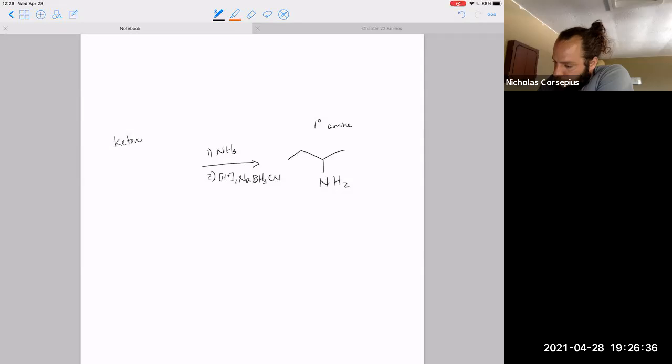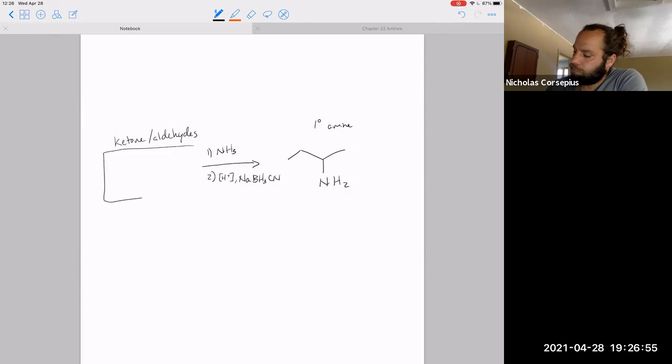Right, reductive amination, we start with ketones or aldehydes. What ketone or aldehyde am I going to need?